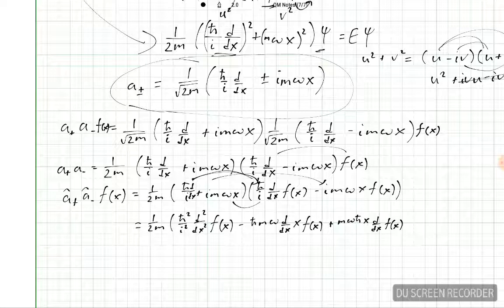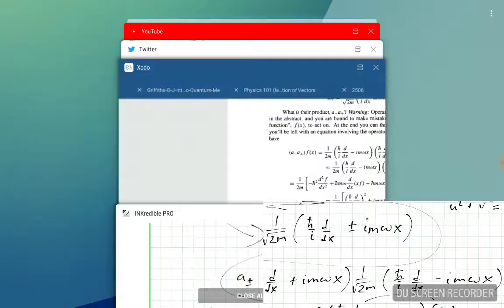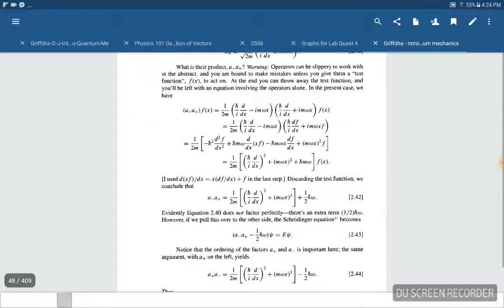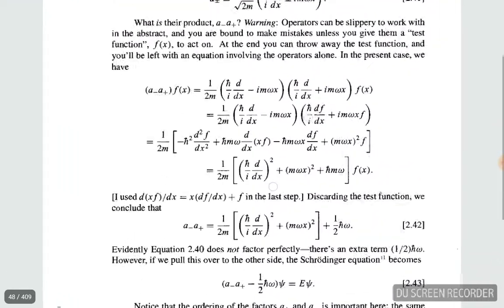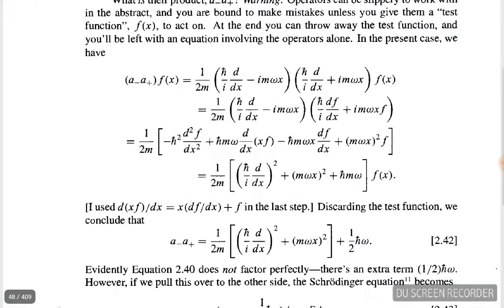And then we'll get minus i squared, which is -1, so minus minus is a plus, m squared omega squared x squared acting on f of x. Let's see if I managed to do that all right. Yeah, actually, that's surprising. So it's the same result we have here.